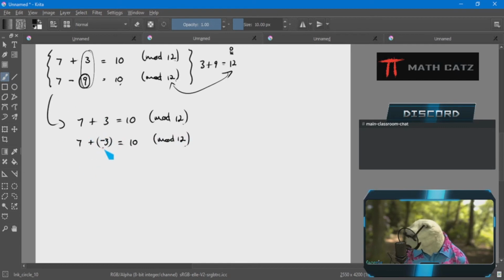So the naming convention leads me to shortcuts for convenience. If I see a plus and a negative sign, I can replace... sorry, there's a minus. This is why I'm confused. Minus.